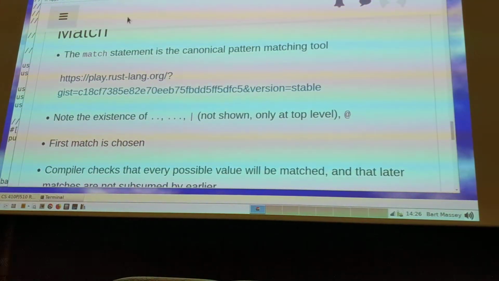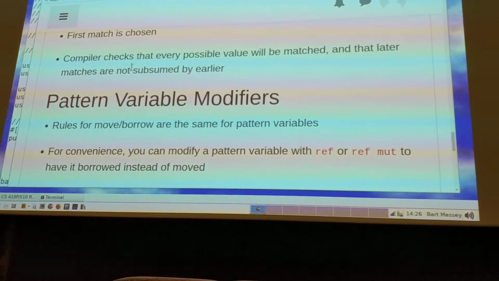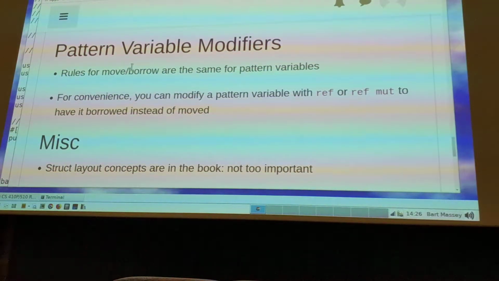Continuing onward. Pattern variable modifiers. Oh, right, in pattern matching, you can use mut, just like you could in anything else, so that the thing stored in the pattern variable can be changed on the right-hand side of the match arm.